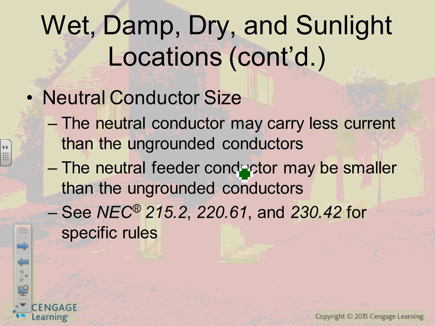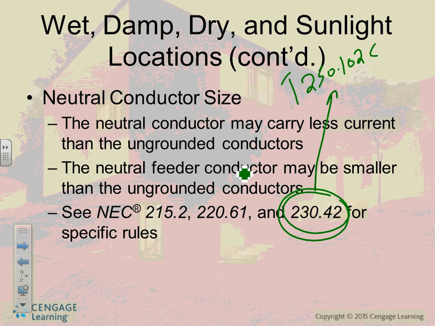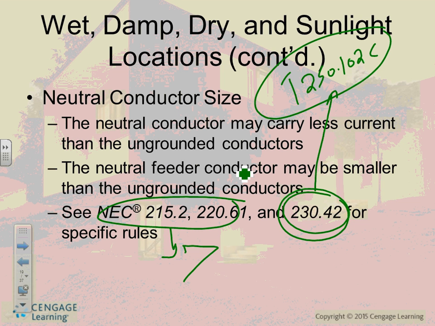Neutral sizing, guys. When you size a neutral, typically the neutral will carry the unbalanced current between all the ungrounded conductors. There are two rules for sizing the neutral. This rule, guys, will refer you to table 250.102(C). Do you guys remember this table? When we size the neutral for the service. And these, I believe, allow you to derate to 75%.